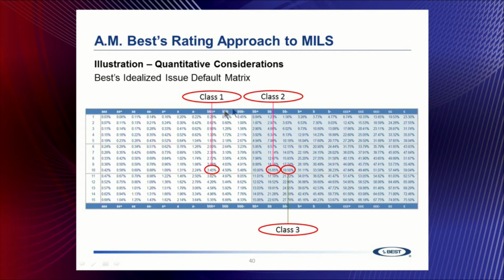Implied rating for Class 2 and Class 3 can be determined similarly. Once again, I want to remind the audience this is not the final rating. The final rating will be determined by the rating committee after taking into account all risk factors. The quantitative result we show here is only one of them.